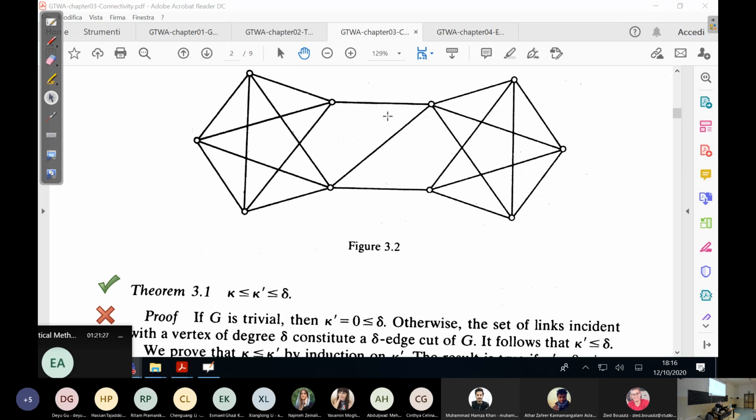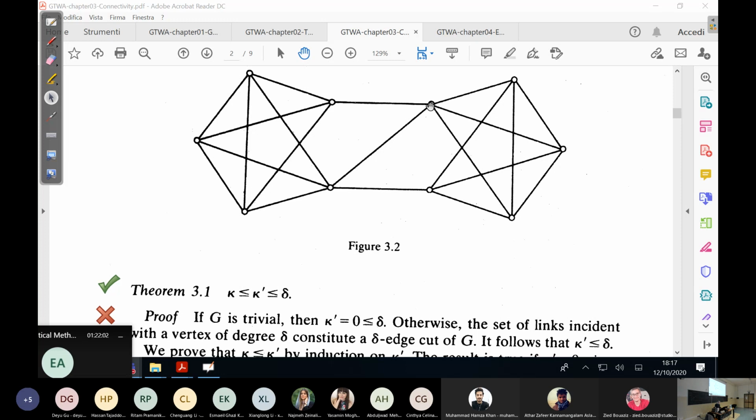So surely kappa prime is greater than or equal to 3. Actually, you can try all other ways of disconnecting and never will the deletion of two edges disconnect the graph. So 3 is actually kappa prime. You need at least the deletion of 3 edges in order to disconnect the graph. But do we need 3 vertices?